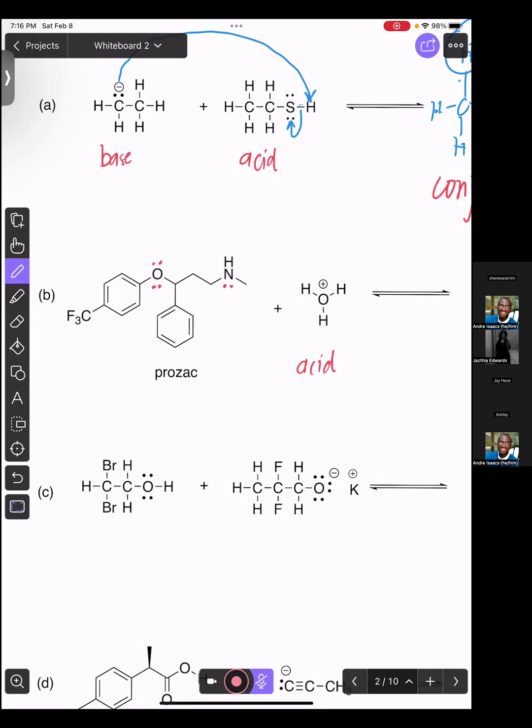And so which one is going to want to accept the hydrogen more? The oxygen is more electronegative, which means it's going to be holding on to its electrons and it's not going to want to share them as well. So it's going to be the nitrogen that shares them, because the nitrogen is less electronegative. It's not holding on to the electrons as much. It's more willing to share them with the hydrogen.